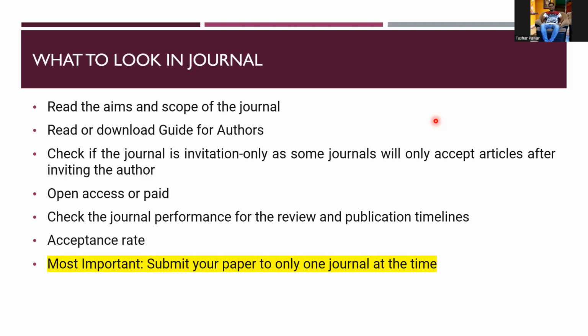Also look for whether it is an open access or paid journal. Now, what is an open access and paid journal? An open access journal is a journal which is available to read online for whoever comes across that article. Actually, these open access journals take charges from the author itself, because to keep this journal available online, they also have to pay some money to the service providers, isn't it?